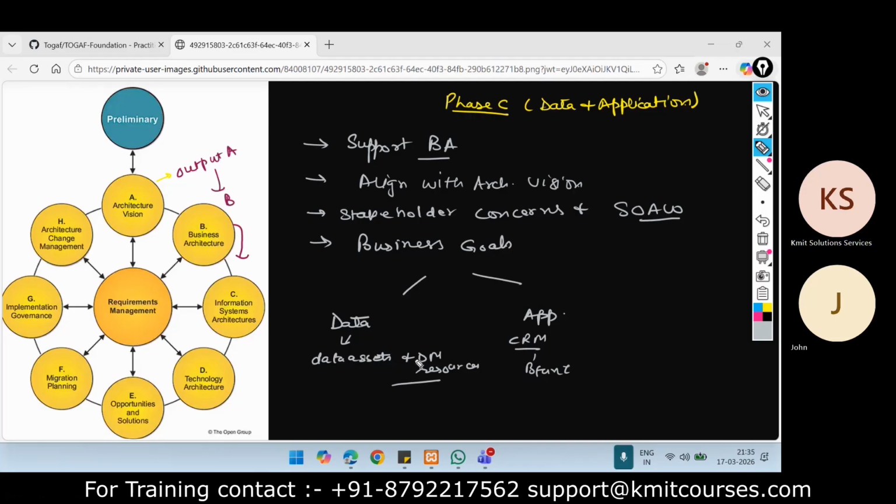Application architecture is more focused on what type of applications will be developed and what the communication plan between them will be. Data architecture is more related to the data schema which you are creating. Right. Now let us see the main objectives of this phase C.